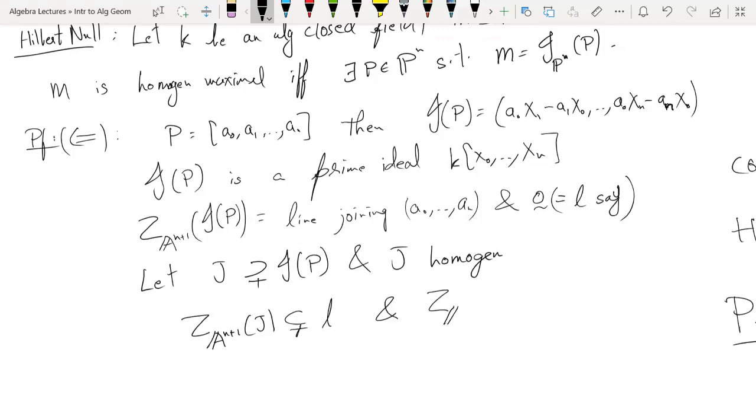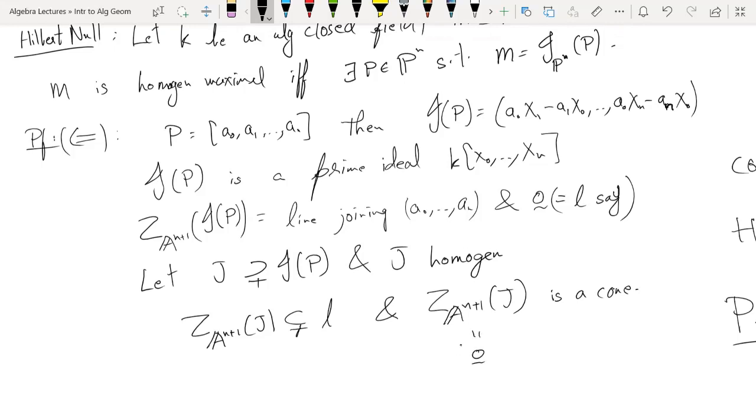Since J is homogeneous, Z of J in A^(n+1) is a cone. But that's not possible, right? That means this has to be the zero.